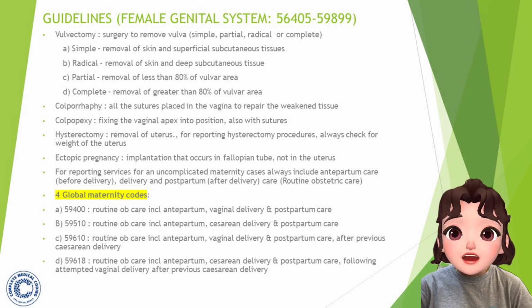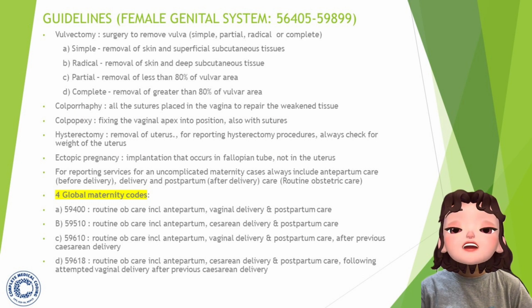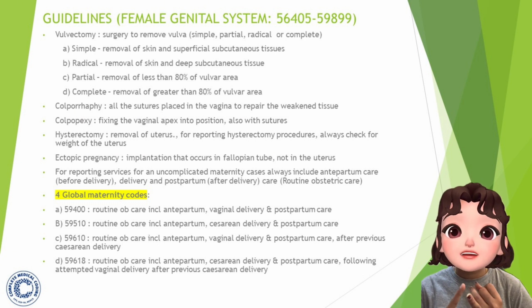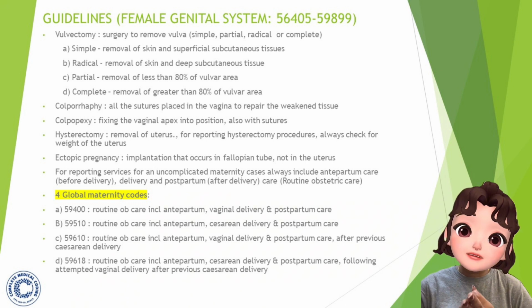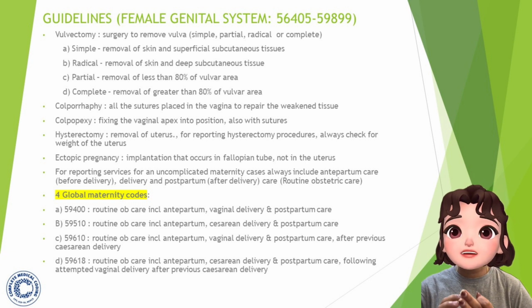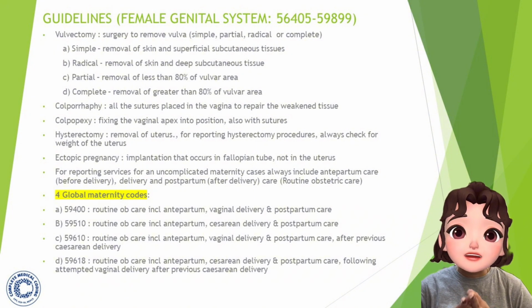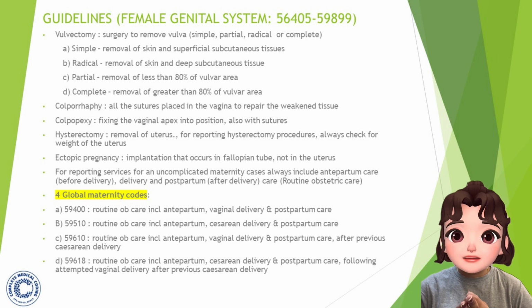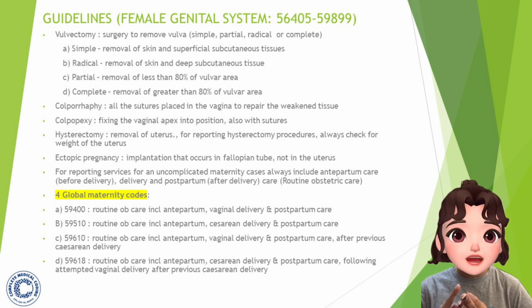So what are the three important things included in routine obstetric care? Antepartum care, delivery, and postpartum care. So for reporting an uncomplicated, meaning a normal, maternity case, these three are always included in the routine obstetric care. So code only for the routine obstetric care.